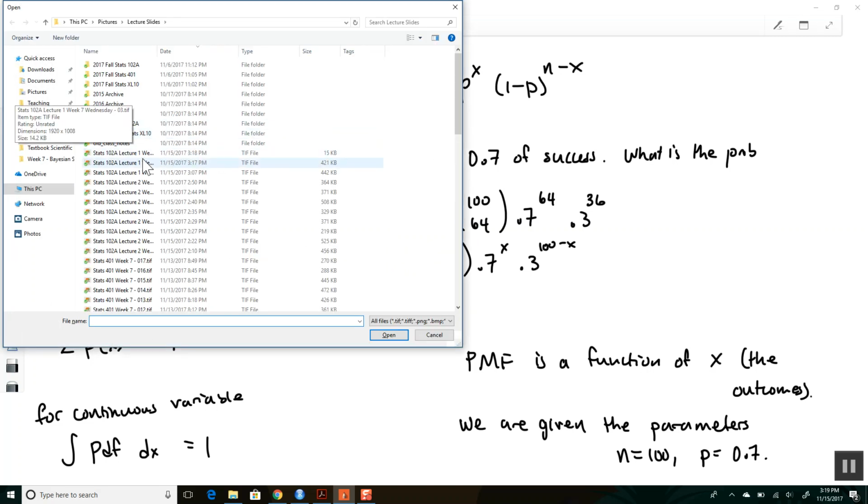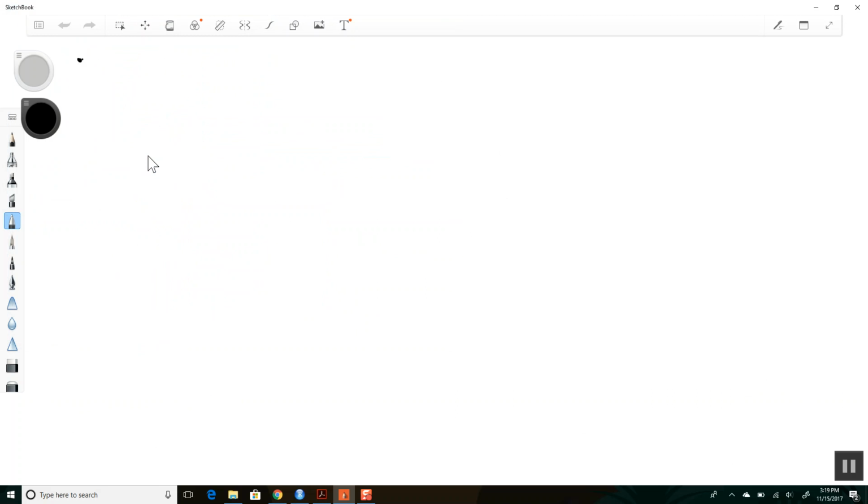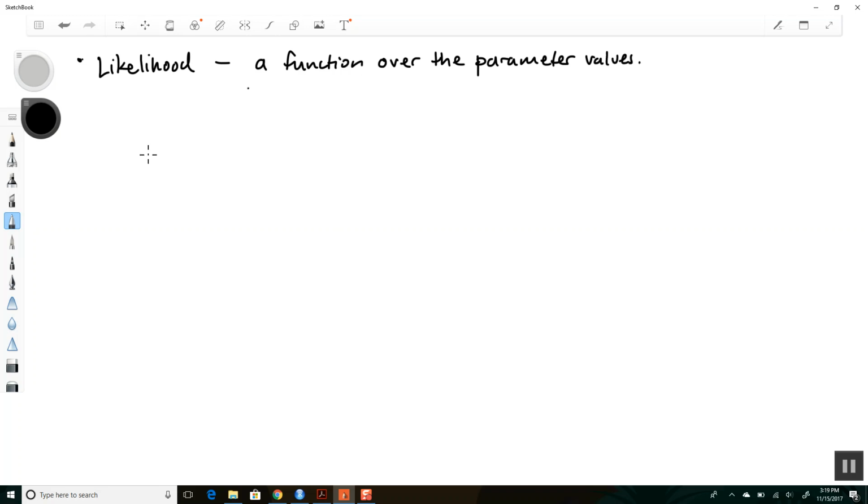With a likelihood function, it is a function over the parameter values, and we are given x.